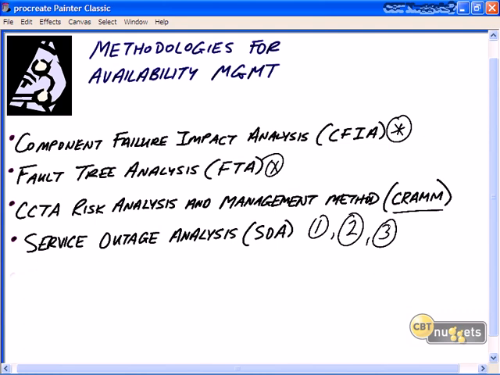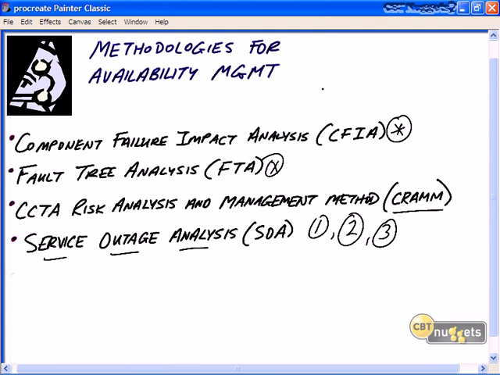As you can see, this is a very broad methodology that can be used in a wide variety of disciplines, including availability management. And the final methodology is SOA, Service Outage Analysis. SOA is a technique that can be used to identify the causes of faults. It investigates effectiveness of an IT organization and its processes, and it presents and implements proposals for improvement.